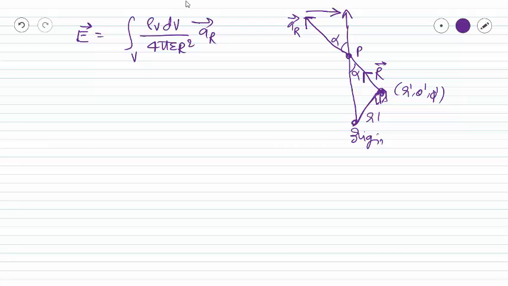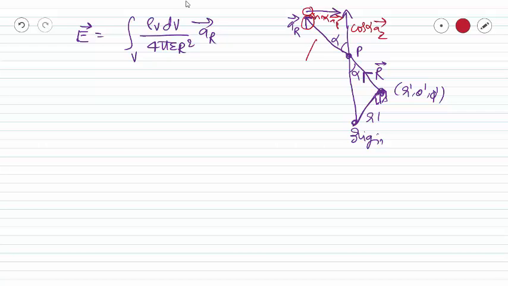Now as this is alpha, this is the adjacent side, which will be cos alpha az bar, because this is in the positive az direction, and this is the opposite side, which will be sin alpha a rho bar. And from this figure, the tip of this vector is in contact with the tail of this vector.